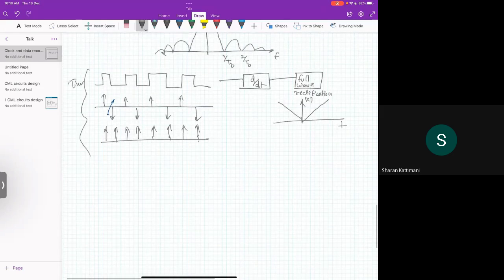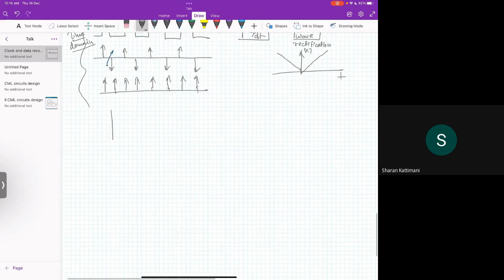It is very simple to understand in the time domain, but in the frequency domain also you can see that we have a sinc function, something like this.